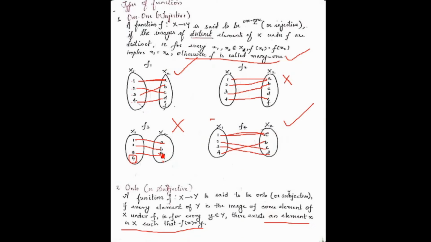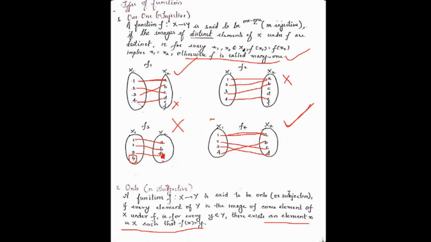They all are having a pre-image in X. Now we'll see over here. See, A is having pre-image 1, B is having 3, C 2, D 4. But here E and F are left out. So this is not onto. But the earlier one is both 1, 1 as well as onto.